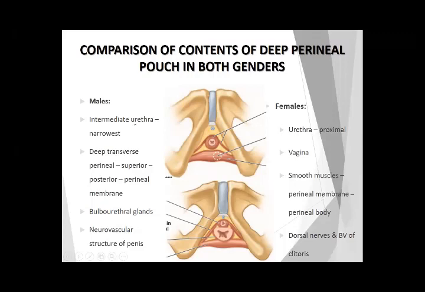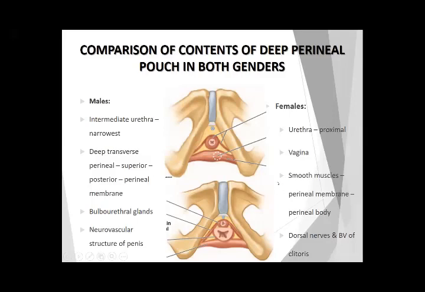In males you have the intermediate part of the urethra. In females you have the proximal part of the urethra. In females you also have the vagina. In males you have the deep transverse perineum lying on the superior aspect, the posterior margin, of the perineal membrane.